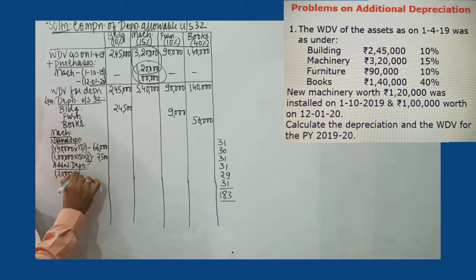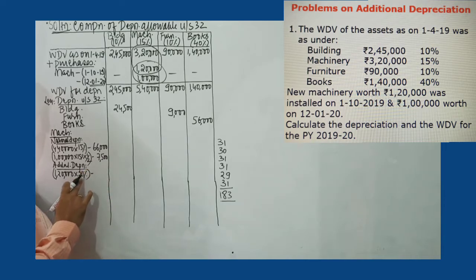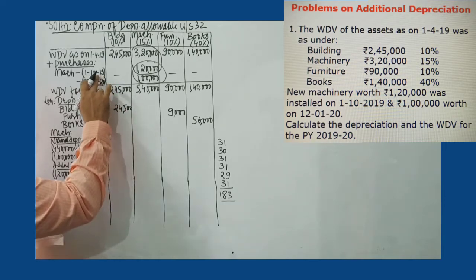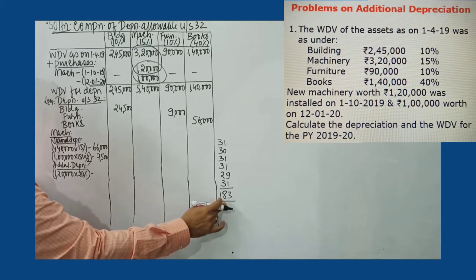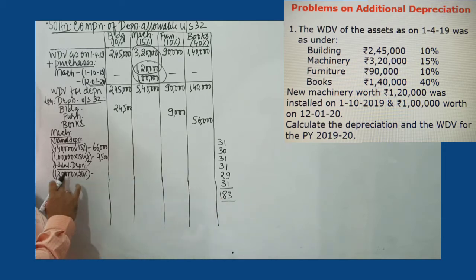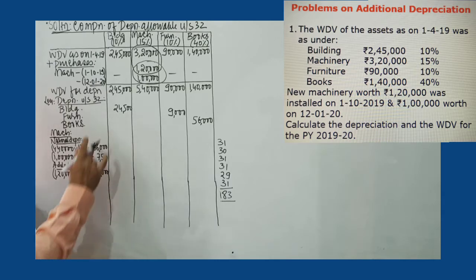The additional depreciation rate is 20%. As far as additional depreciation is concerned, block rate is not applicable, it is 20%. And for full year, because this asset is purchased and put to use for more than 180 days, 183 days. So full year's depreciation. So 1,20,000 into 20%, the additional depreciation would be 24,000.